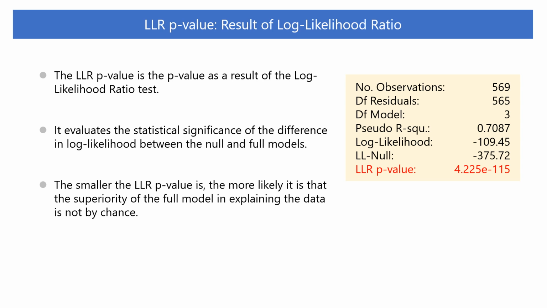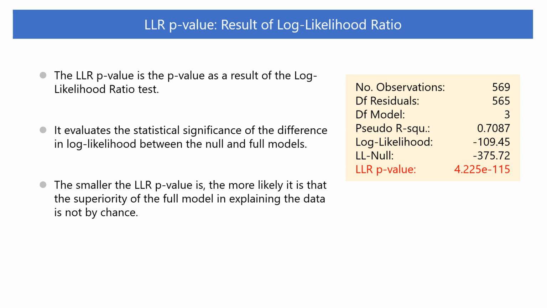The LLR p-value is an indicator of whether the difference between the full model and the null model in log likelihood is chance or not. The LLR p-value is the p-value as a result of the log likelihood ratio test, which evaluates the statistical significance of the difference in log likelihood between the null and full models.